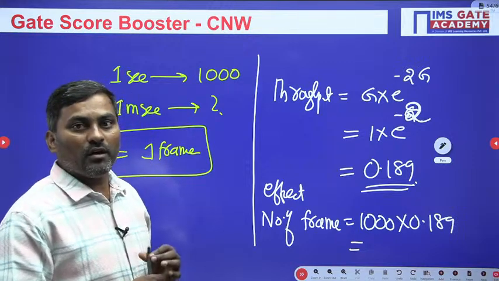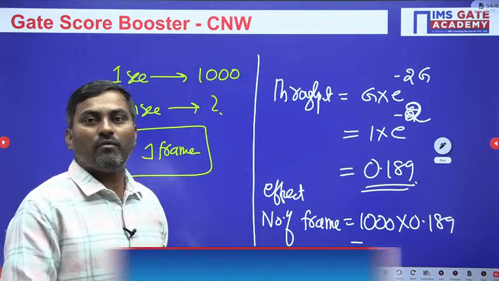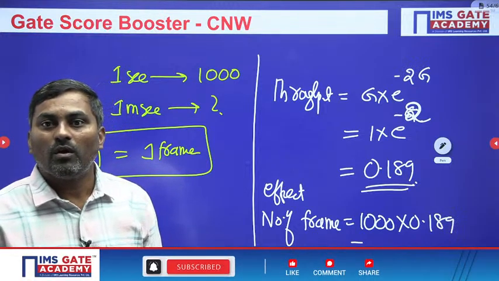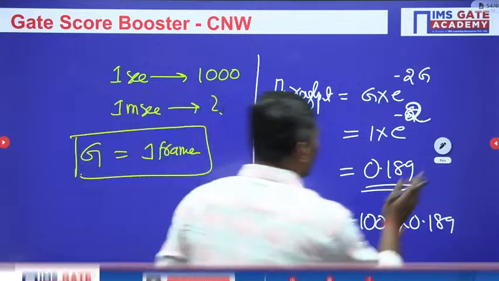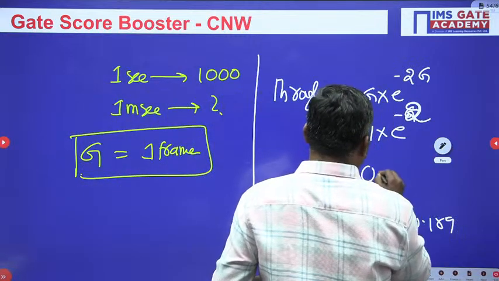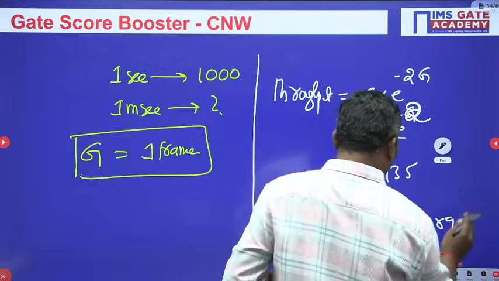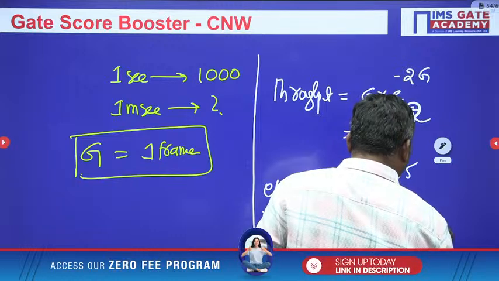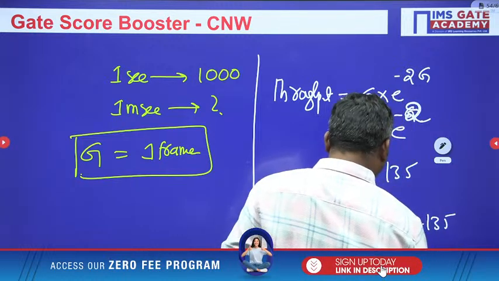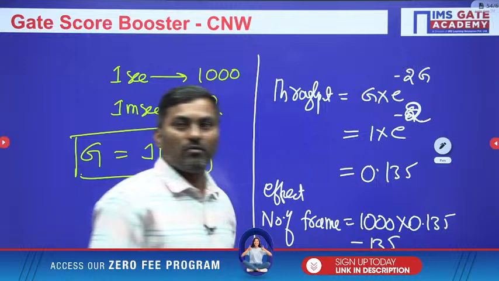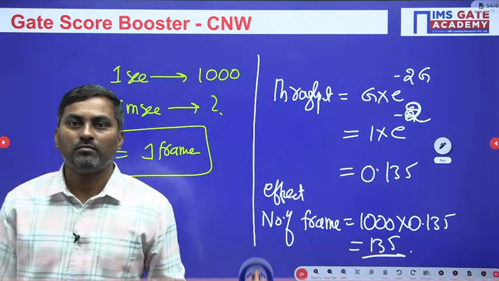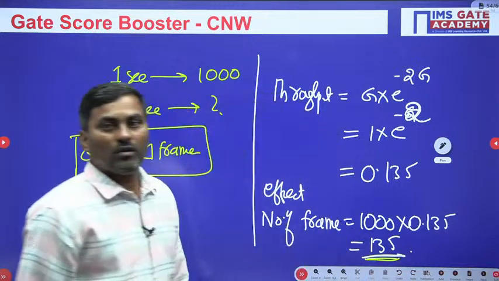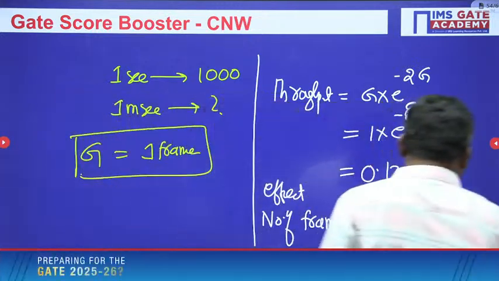It is 1 by e square, this value. So 0.135. I think JP needs to check. So 135 frames I can send. That's the answer. Yes, correct, 135 only. This way you can calculate.